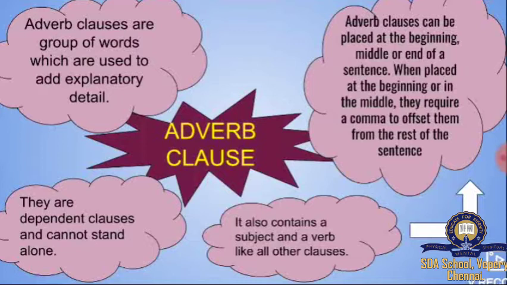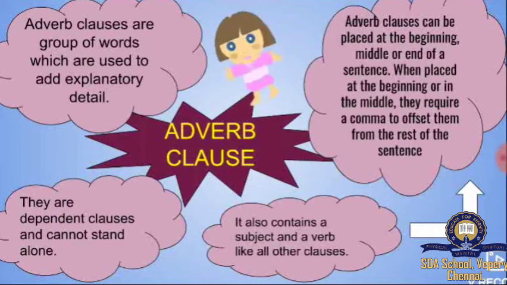When placed at the beginning or in the middle, they require a comma to offset them from the rest of the sentence. So here we come to know that when an adverb clause is placed at the beginning or in the middle, there will be a comma to separate it from the main clause.